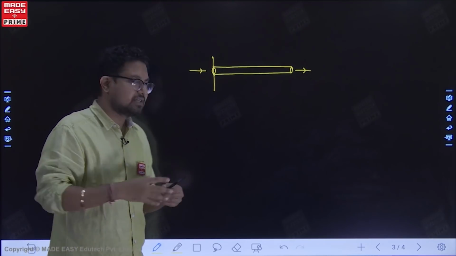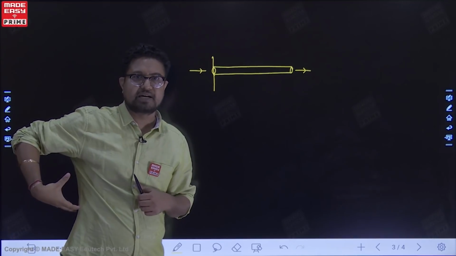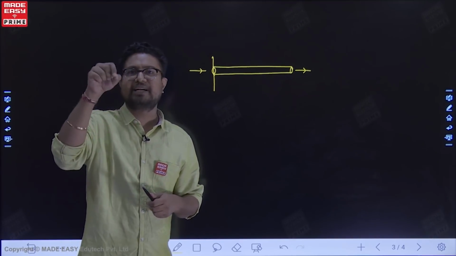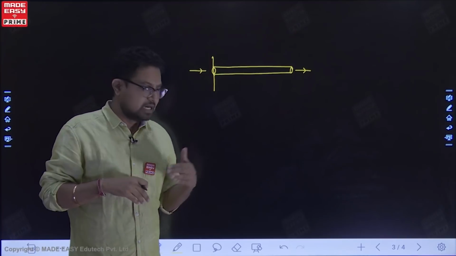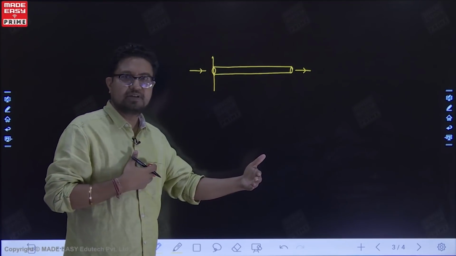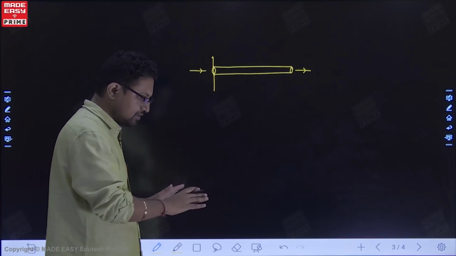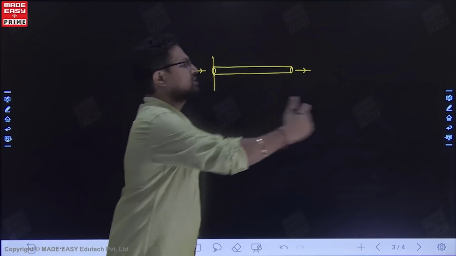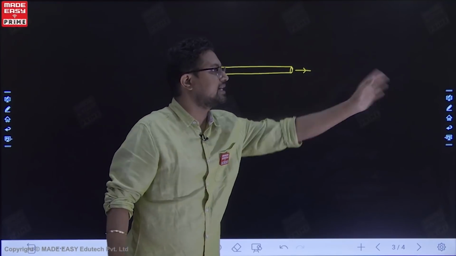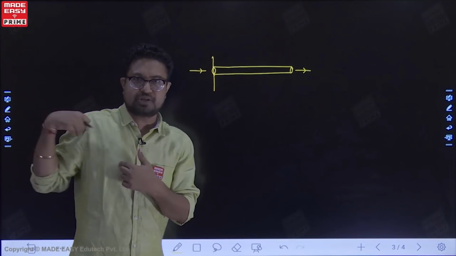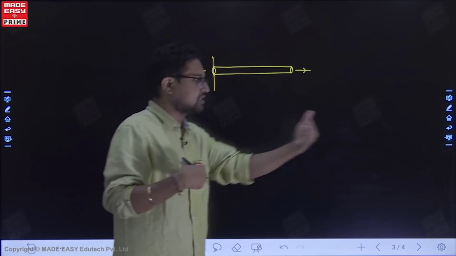Suppose somebody is pushing me from behind and the person is applying 10 unit force, and there is someone in front of me. If I don't feel any resistance from nearby, I can almost transfer 10 unit force to the person standing in front of me. Due to this push, whatever push I receive, I will transfer.